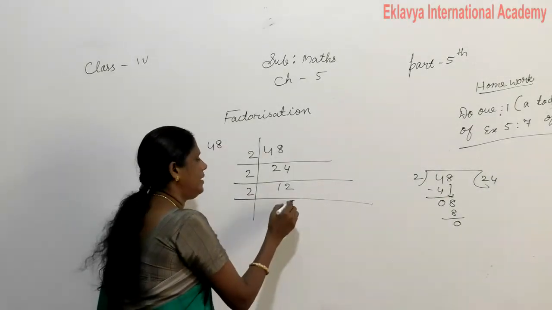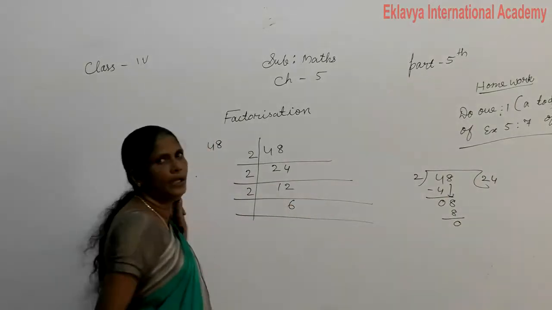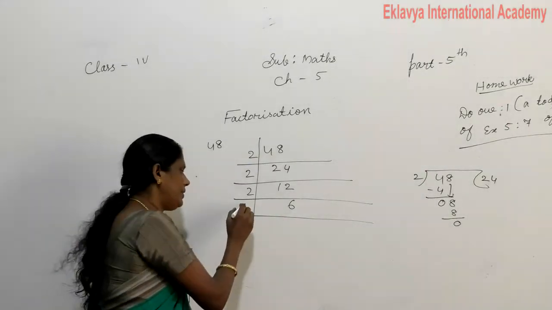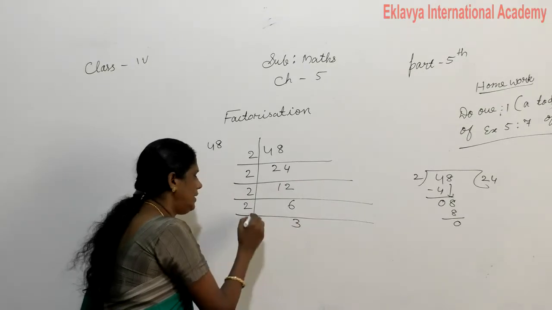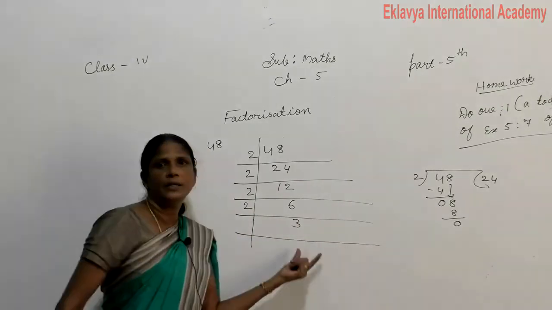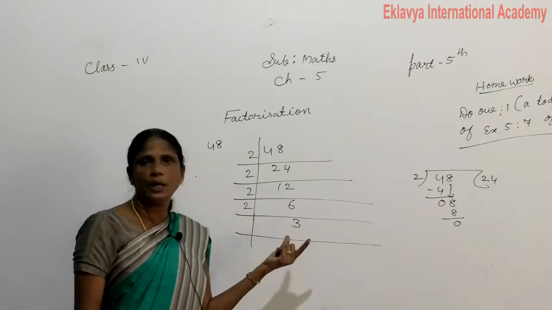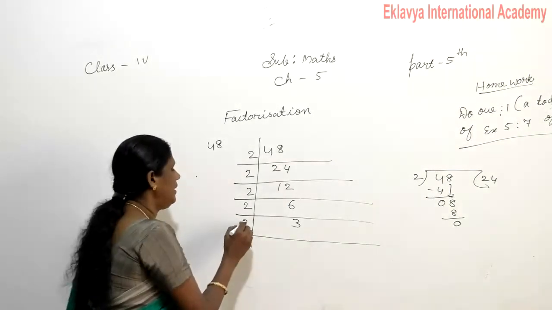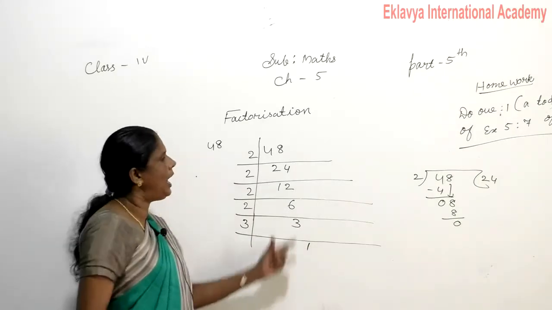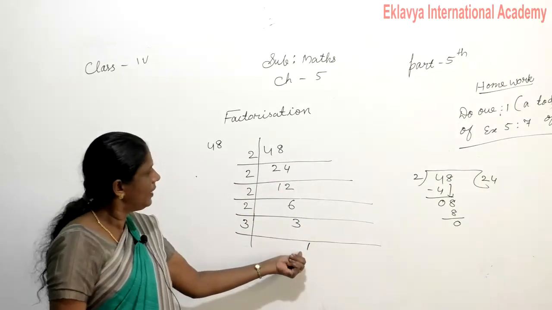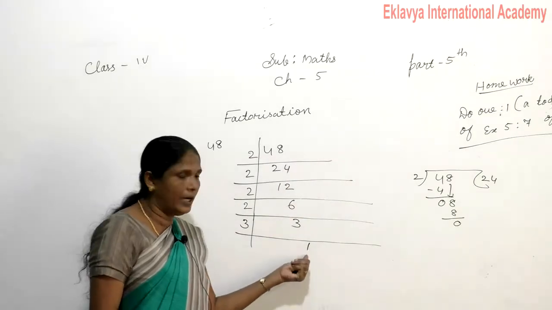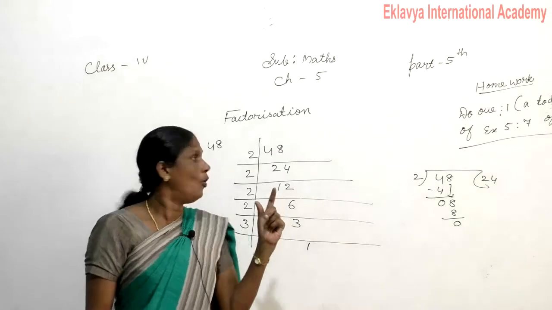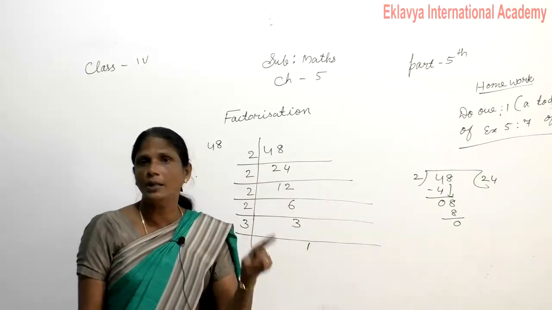Yes, here 6. Again? Yes, then 3. Again divisible by 2? No. The next prime number is 3. Again this number is 1. You continue this process until you get 1. You only divide by the prime numbers.